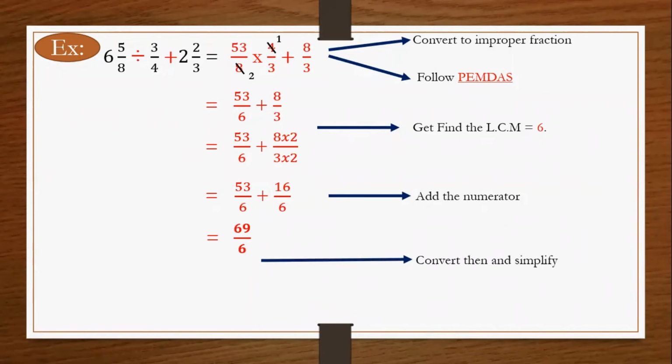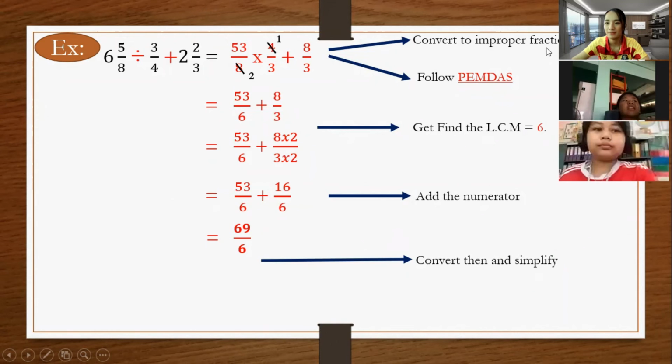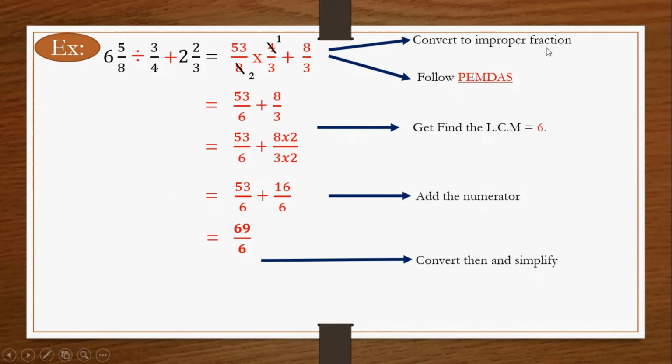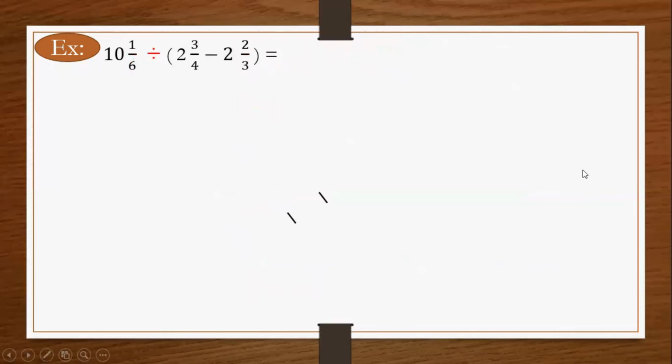Last step is we will convert this into mixed number and then we will simplify. Convert to mixed number. So 69 divided by 6 is 11 and 3 over 6. And if we simplify, the answer is 11 and 1 over 2. Do you understand this? Is it clear? Okay, let's move on to the next example.